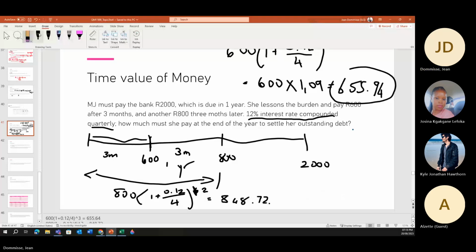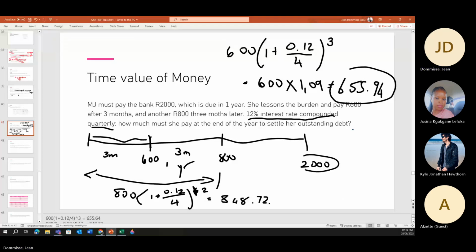Basically, she needs to pay the 2,000 at the end of the year. She decides that after 3 months, she's going to pay 600 Rand. So what we actually calculated here was for 600 plus 9 months of interest.